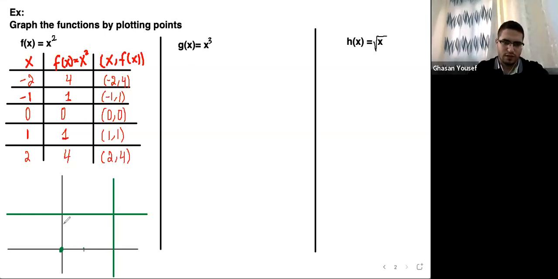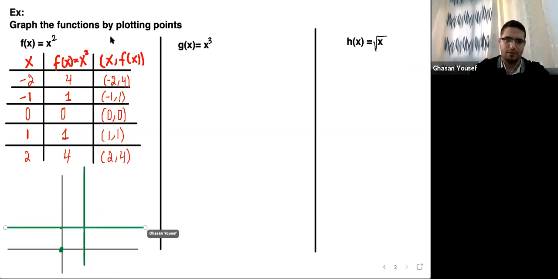This is 1 on the x-axis and 1 on the y-axis. So the point will be something like this, it's going to be here. Next point is 2 and 4.